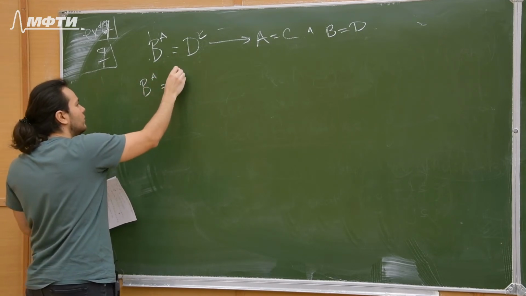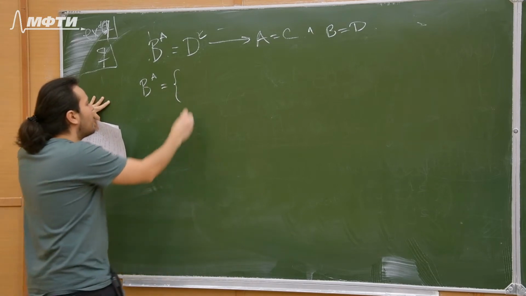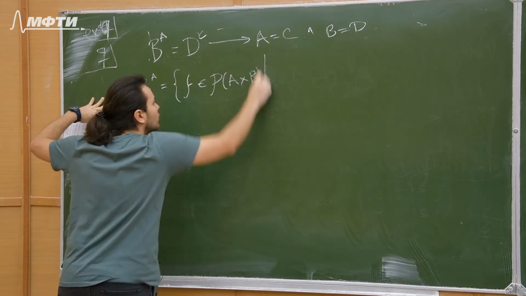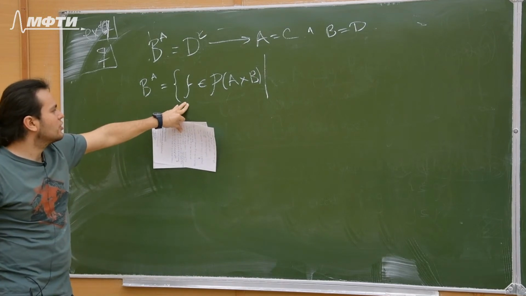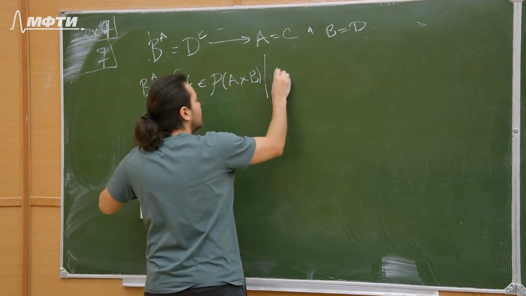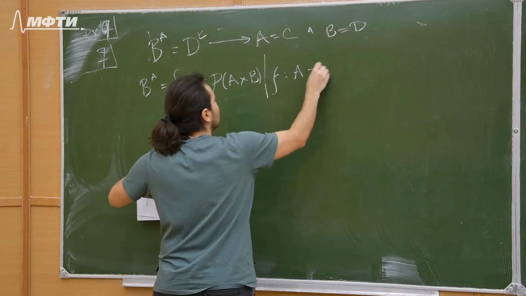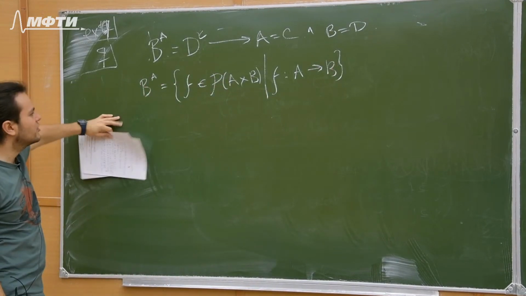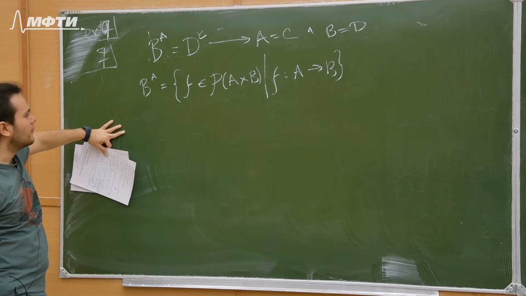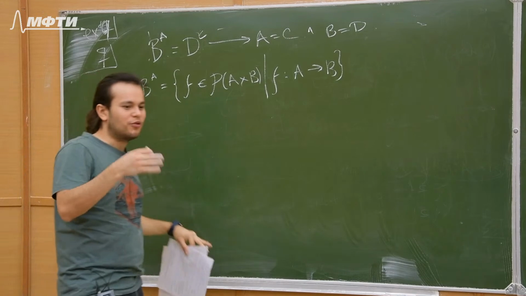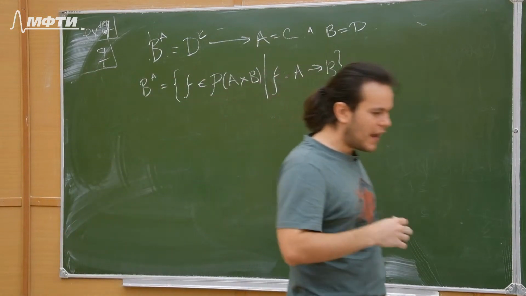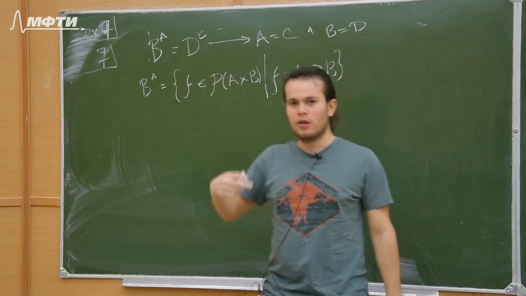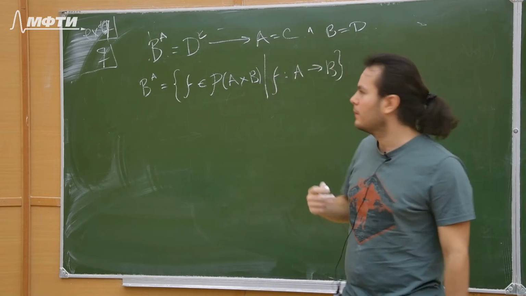Well, these are all the functions f such that f is a function from A to B. That's the definition of B to the A: the set of all the functions from A to B. In the same way, D to the C is the set of all the functions from C to D.